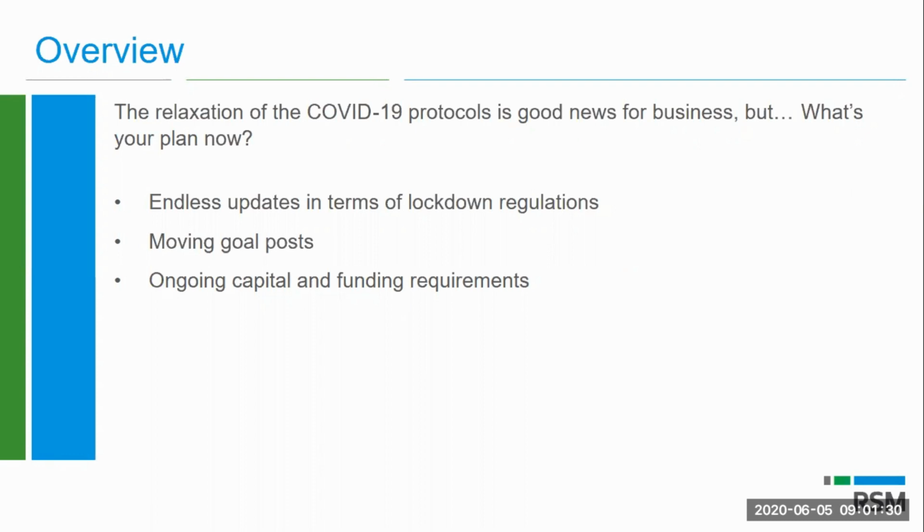But in meeting all of these challenges, it does require ongoing capital and funding. So to this extent, we felt it was really necessary to stop and take stock of the challenges that businesses are going to be facing, and how they are really going to approach this recovery phase.